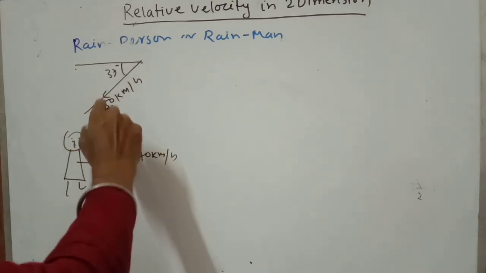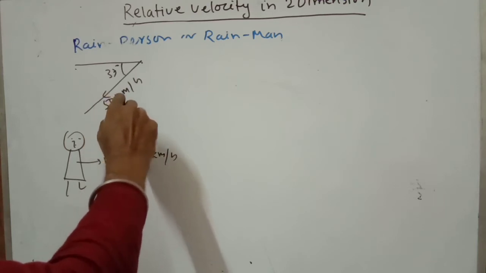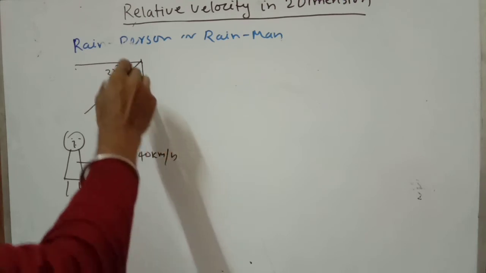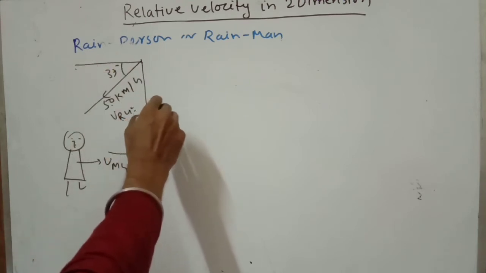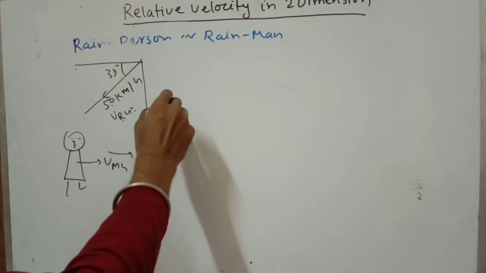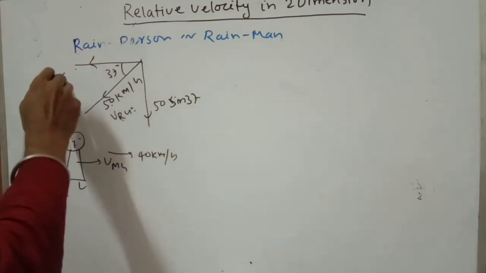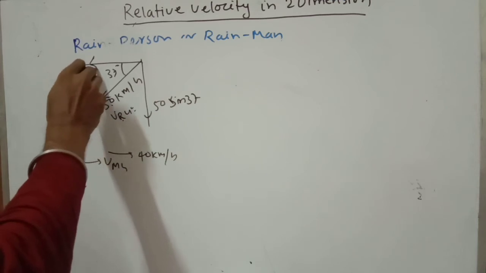So it's about the velocity of rain with respect to ground. First of all, break this velocity of rain with respect to ground into i component and j component. So it will give 50 sin 37 degree and 50 cos 37 degree.